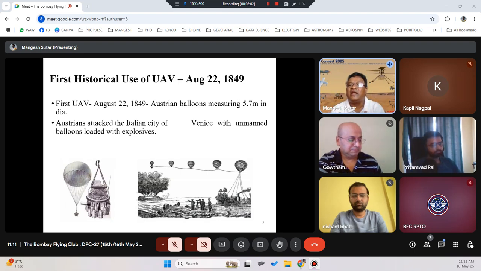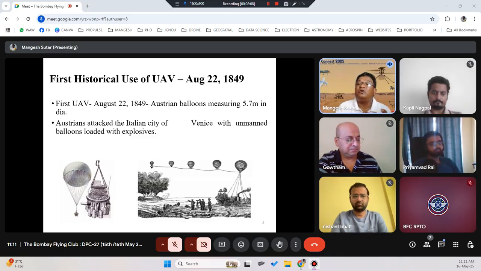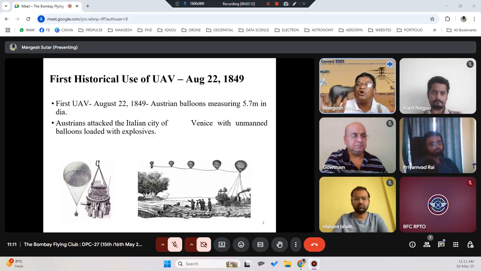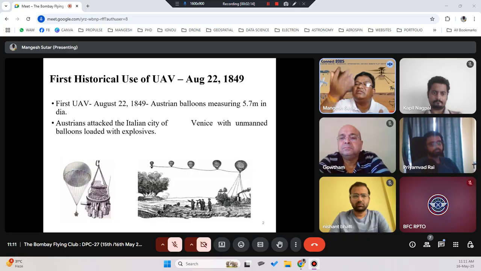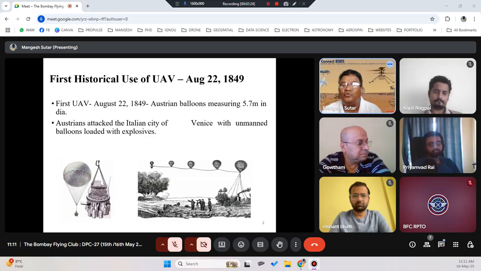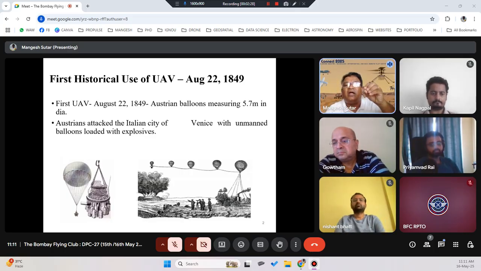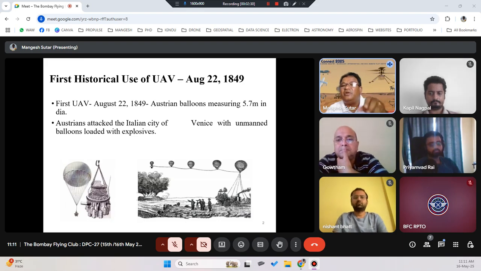The balloon would be filled with either hydrogen or helium, and it would rise in the air. And because of the push of the natural air, it would go towards a direction. So there is no control. You are not controlling it, it is just going on its own. They designed the balloon in such a way that it would rise in the air and go to a certain altitude. Some sandbags were attached to maintain the weight of the balloon, and some explosive was attached to it with a fuse.